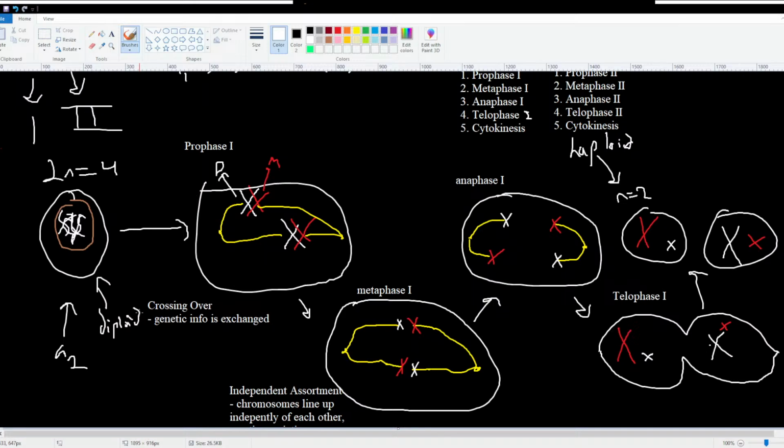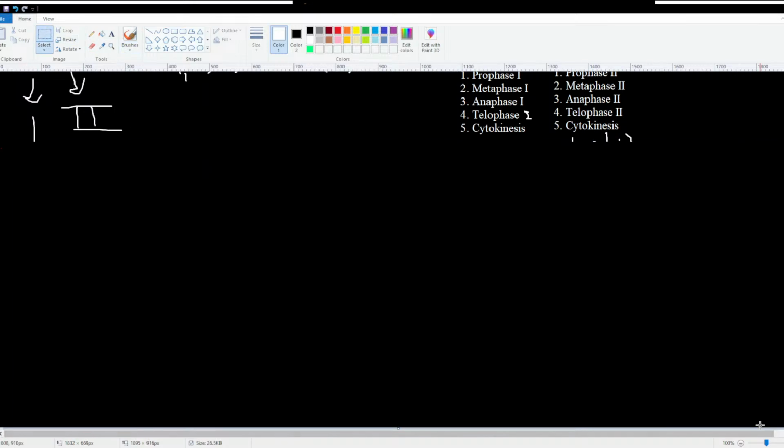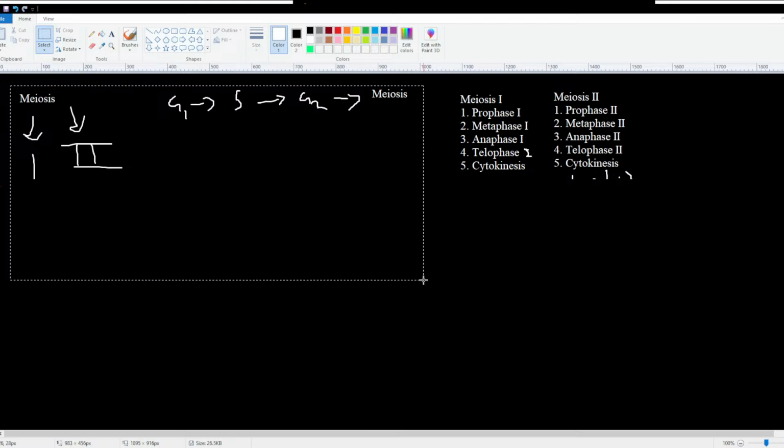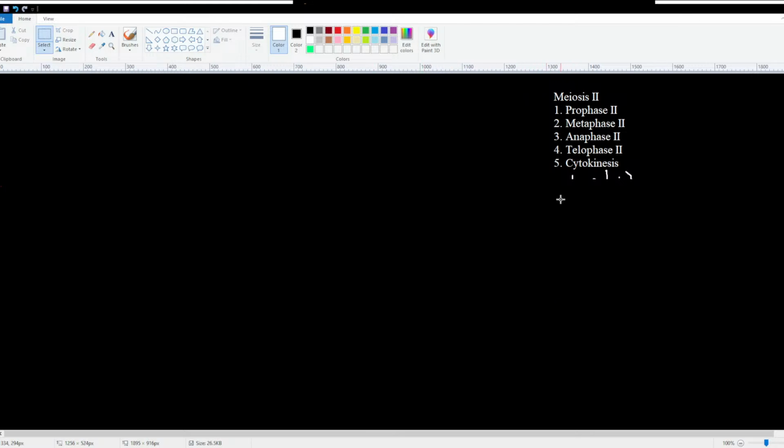So now we can go ahead and go into meiosis 2. So I'm going to go ahead and erase this. I apologize. Take screenshots if you need. Now meiosis 2 is pretty much exactly like regular mitosis. So let's draw our cells again.